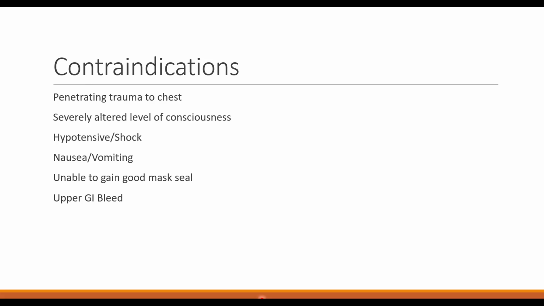And if they're unable to get a good mask seal, so a big beard or deformity to the face. We also don't want an upper GI bleed. These people will have a likelihood that they're going to vomit, and it could be increasing the pressure on whatever hole is bleeding, and so that hole can be a lot bigger.